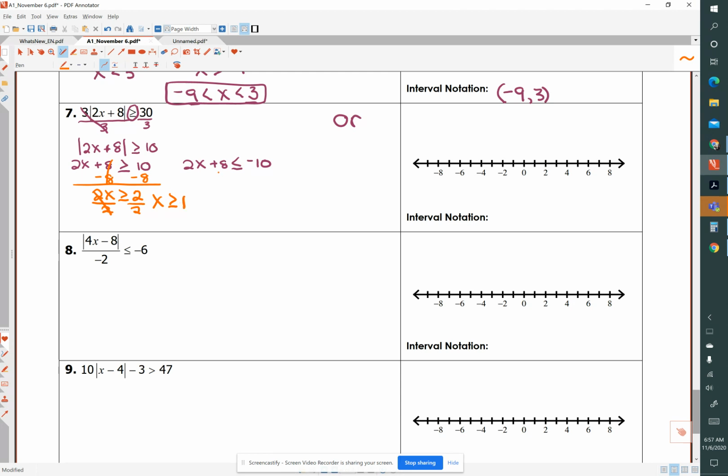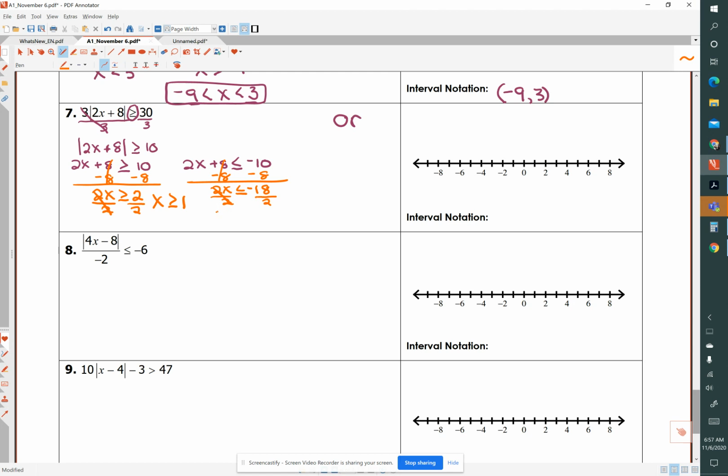Let's solve this one over here on the right, we'll subtract 8 from both sides. 2x is less than or equal to negative 18. And we divide both sides by 2.